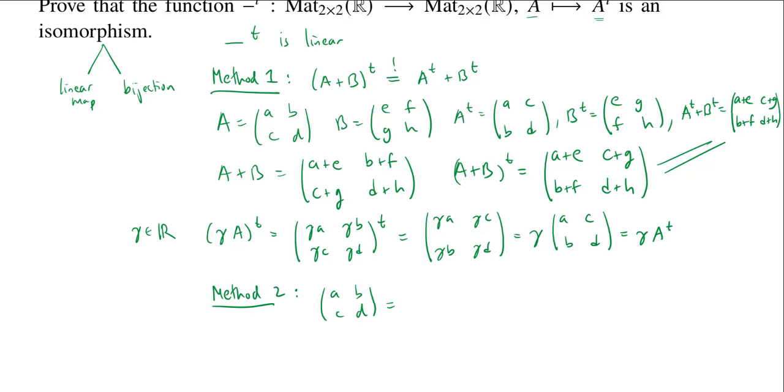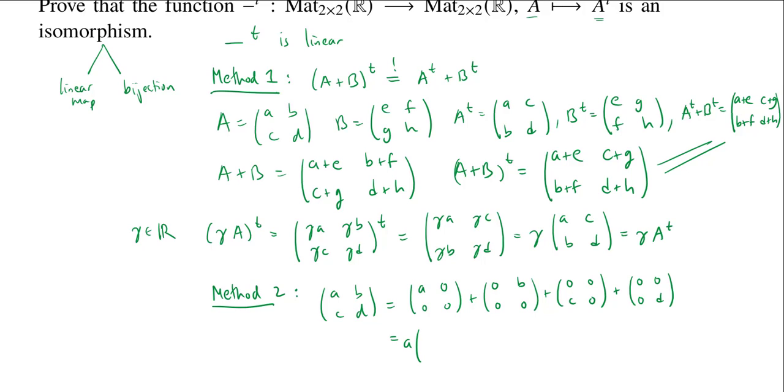Then I know I can write this as A in the upper corner, 0, 0, 0 in all the rest, plus 0, B, 0, 0 with a B in the upper right, plus 0, 0, C, 0, so now C's in the lower left, and then finally 0, 0, 0, D, with D in the lower right. And then from each of these I can pull out that constant.